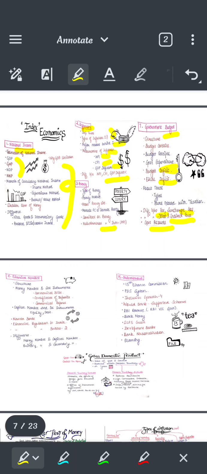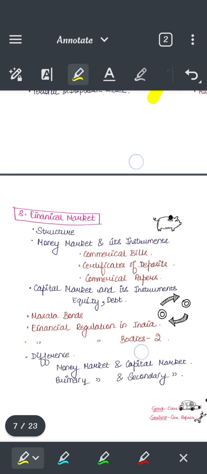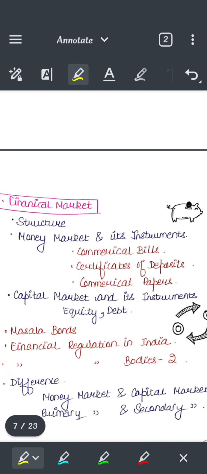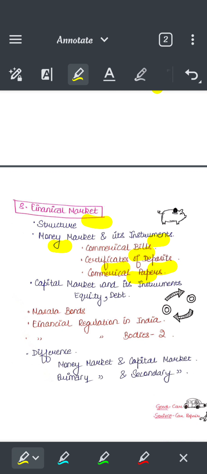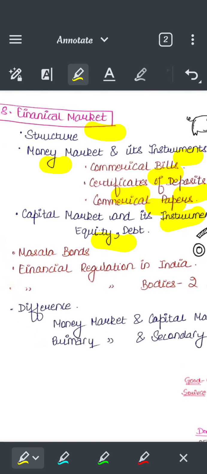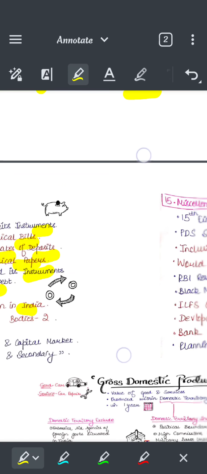Next is the financial market, its structure, the money market and its instruments: commercial bills, certificates of deposit, commercial papers; the capital market and its instruments: equity, debt, masala bonds; financial regulation in India and the different financial bodies in India. You can study that.